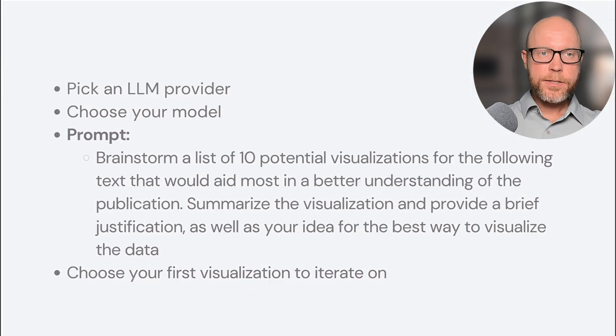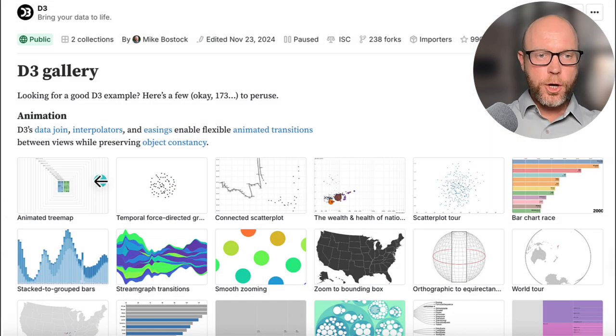Before I show what I actually built, I do want to give you a little bit of background. The library that we're going to use in this video is called D3. D3 is an open source visualization library that uses JavaScript. You don't necessarily need to know all the code and the ins and outs of JavaScript, but it's pretty good.